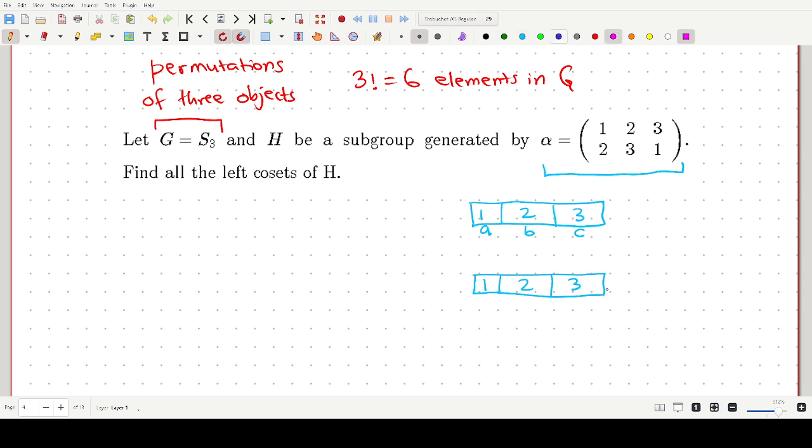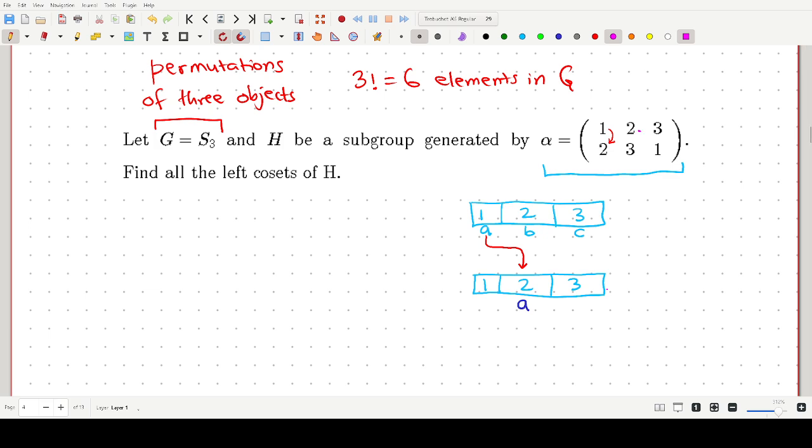It is said that 1 goes to 2, which means that the first position element goes to the second position. So in the permutation defined by alpha, A is in the second position.